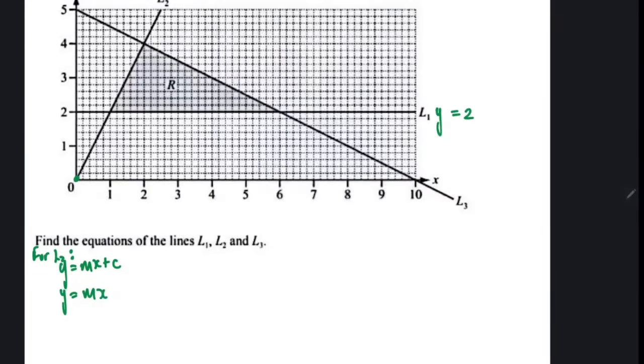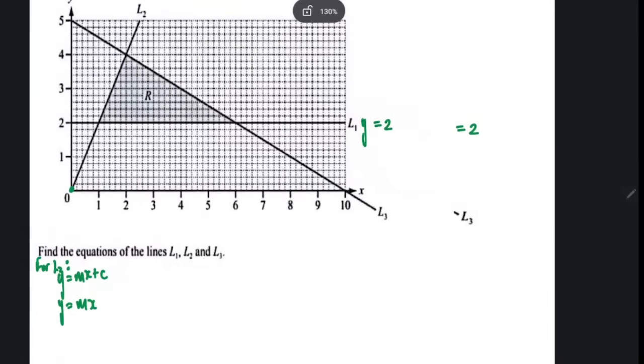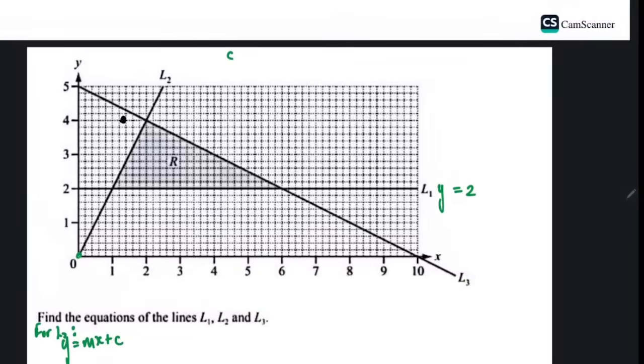So now what are we going to have? We continue. What is the m? We choose any point you want, a nice one. This is a very nice point. So I'll now say it is going to be y equal to, how many steps did I move in the y if I'm counting from the origin? You check y first. I moved 4 steps.